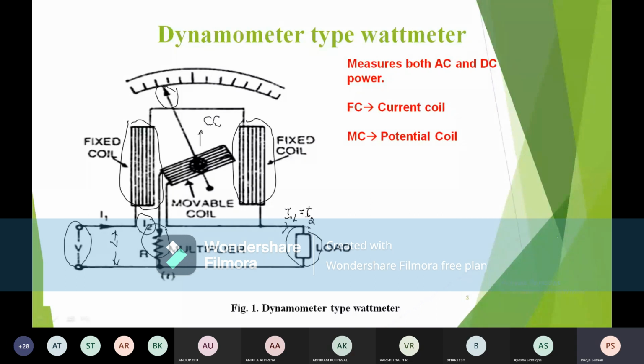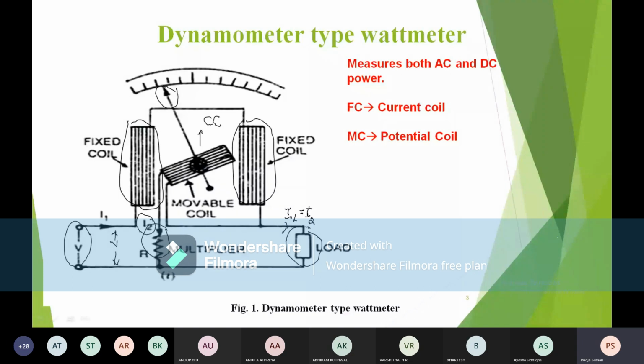So this is the constructional feature of a dynamometer type of wattmeter. It mainly consists of two coils, one fixed coil and one movable coil. Between the fixed coils there is a movable coil to which the pointer is fixed. There are two fixed coils connected in series with the load, and they carry the load current, so that coil is called the current coil.